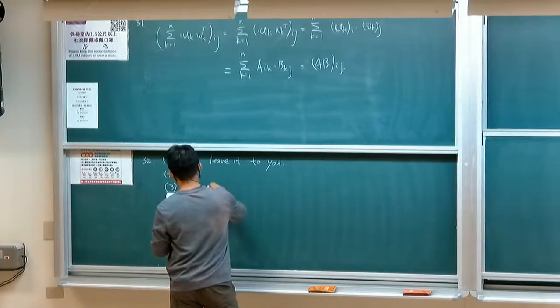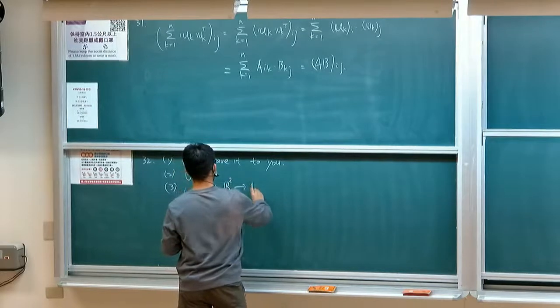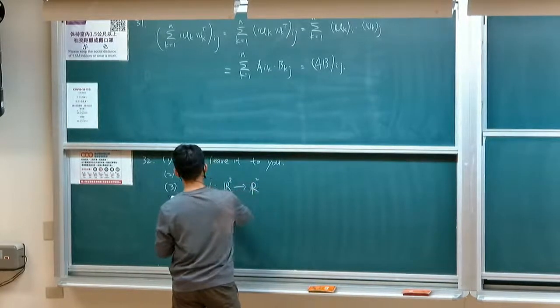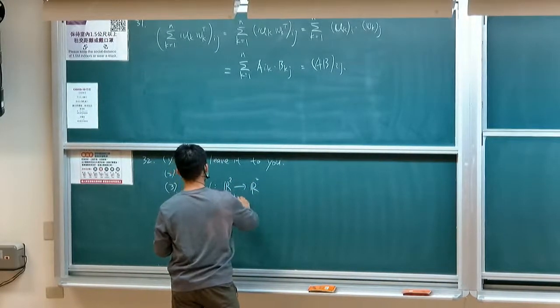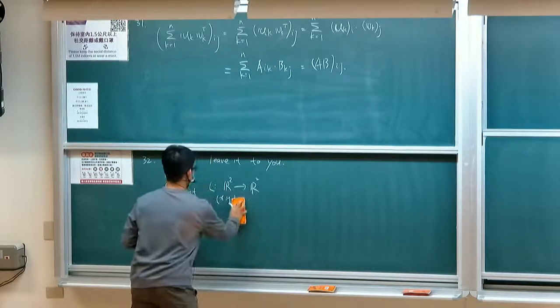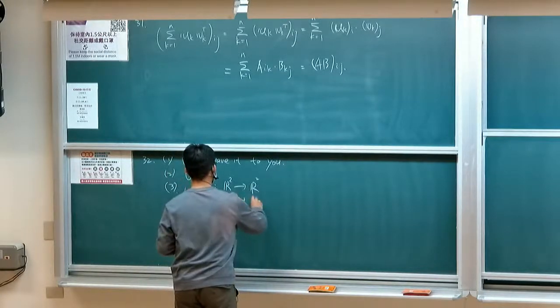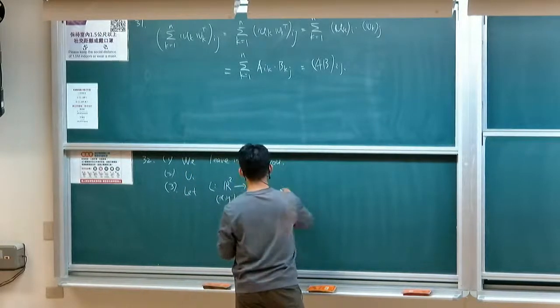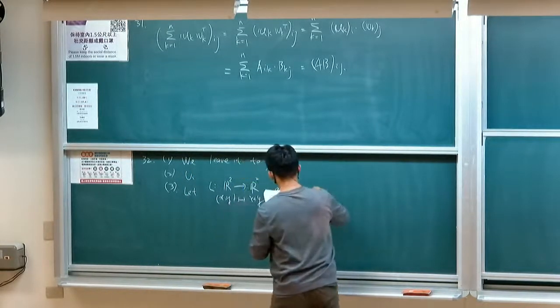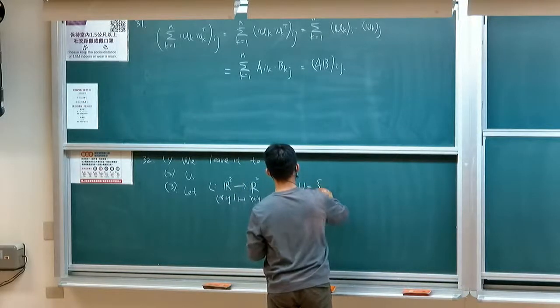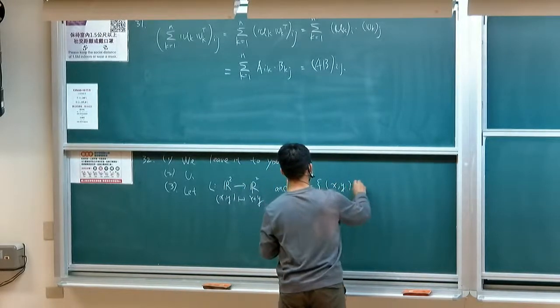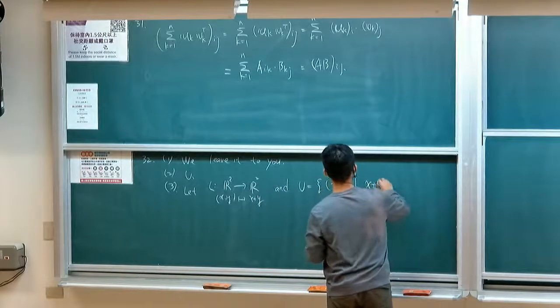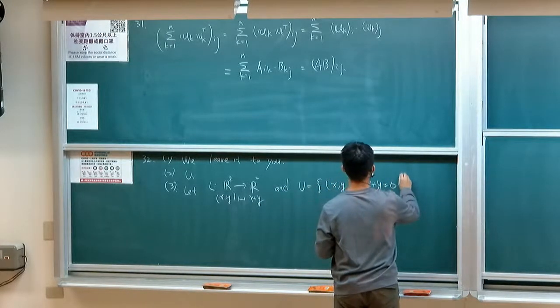We let L be a mapping which maps xy into x plus y, and we let U be the points on this straight line.